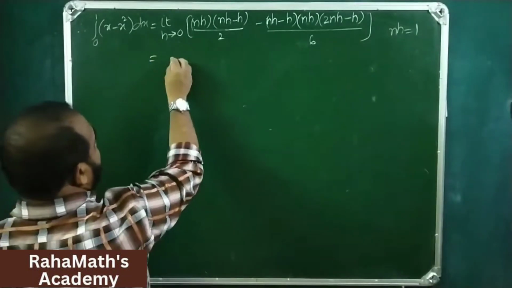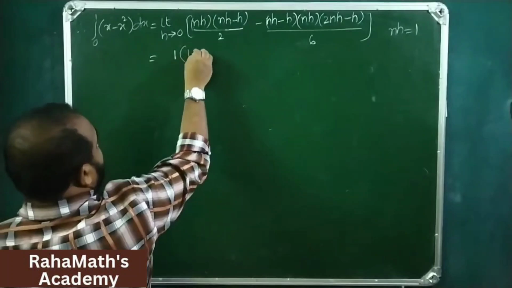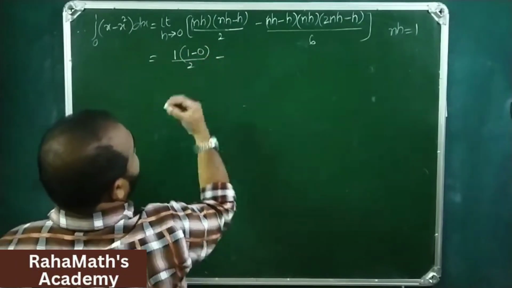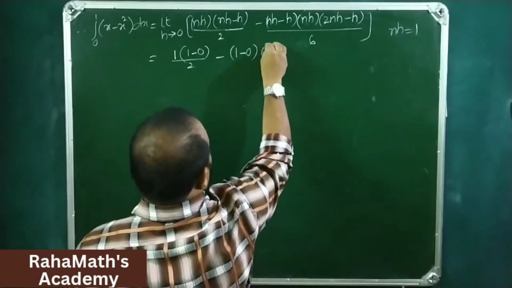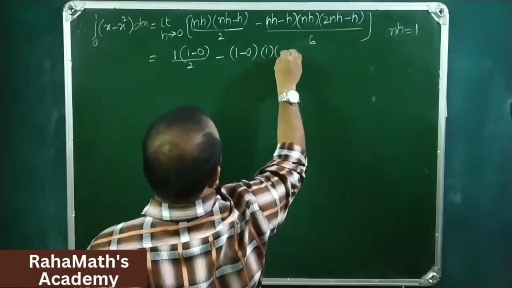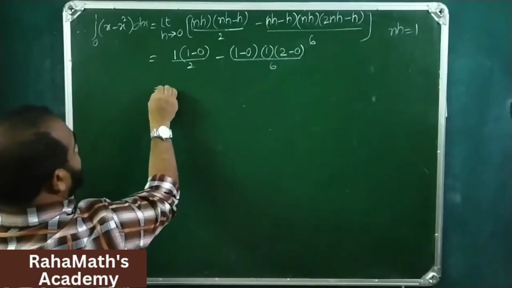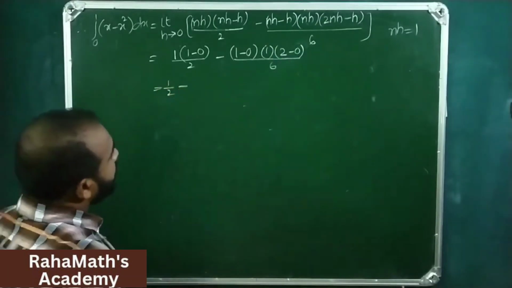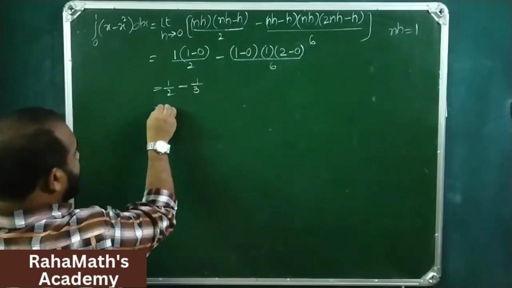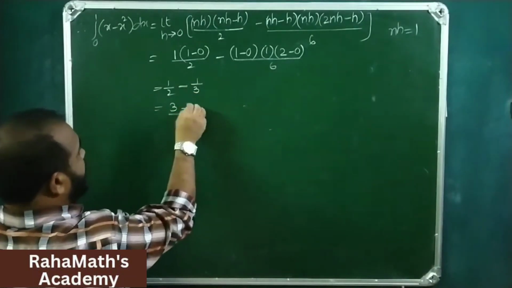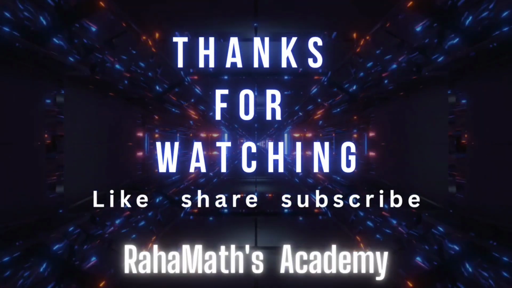So nh value is already we know nh is equals to 1. 1 minus 0 by 2 minus nh value is 1 minus 0. This is 1 into 2 ones are 2 minus 0 by 6. 1 by 2 minus, this is 2 by 6 is 1 by 3. So 3 minus 2 by 3 2s are 6, which is 1 by 6.